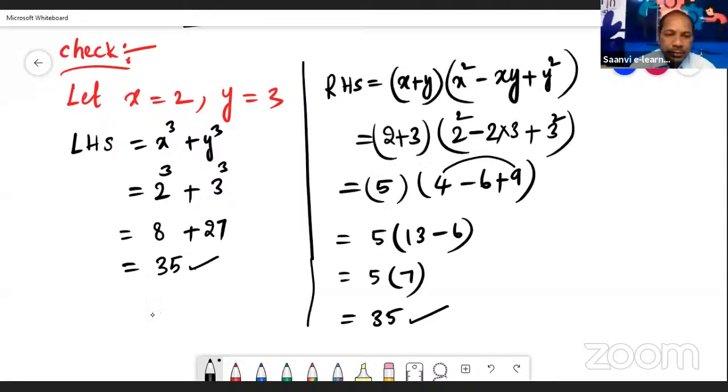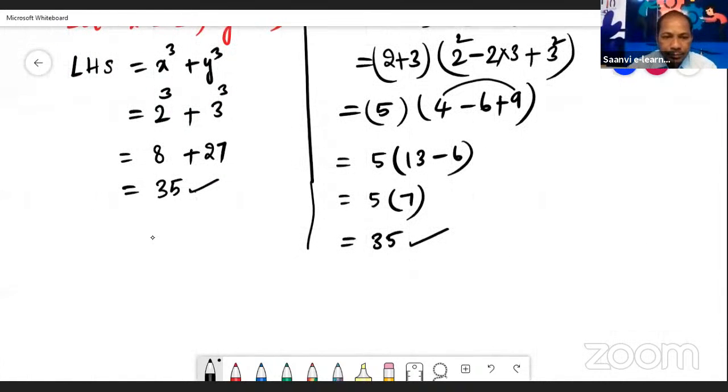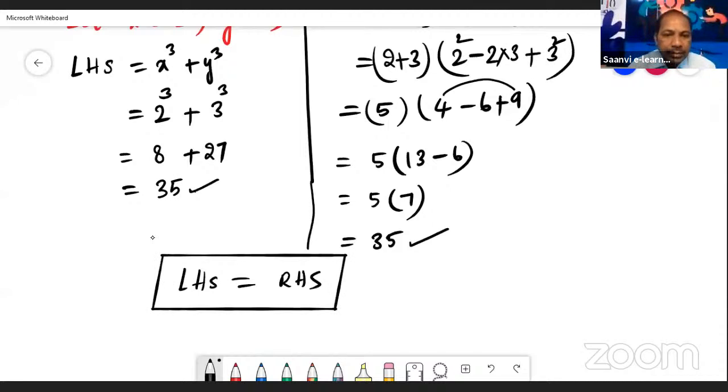So LHS is equal to RHS. By using some non-zero positive integers, we have checked. And at last he asked, can you call these identities? In the first case, when we verified it, we got LHS equal to RHS. And when we take some non-zero positive integers, also we have got LHS equal to RHS.